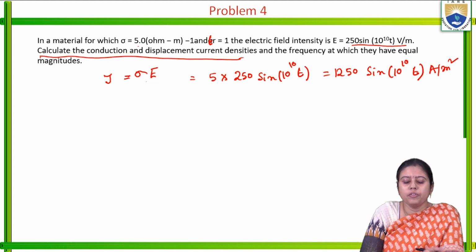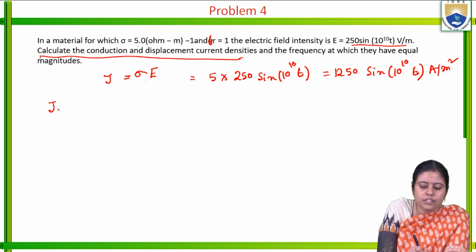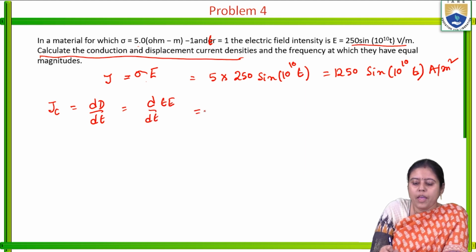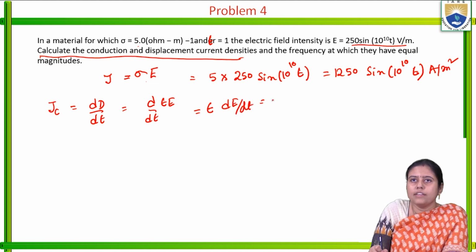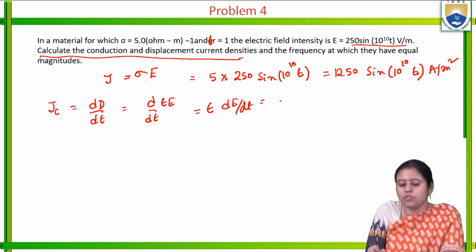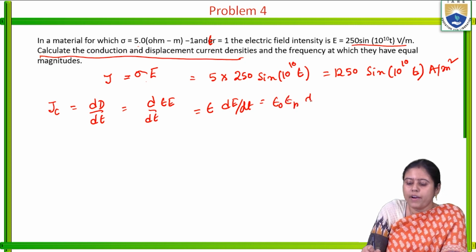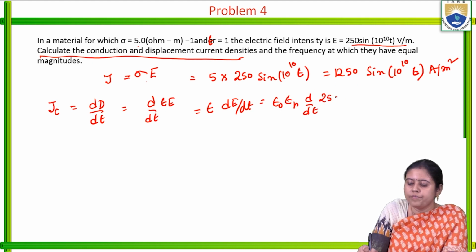Again, in the problem we have to calculate the displacement current density, dD by dt. What is D? D is equal to epsilon E, so dD by dt is epsilon dE by dt. Epsilon is constant. What is epsilon? Epsilon 0 into epsilon r. Here epsilon r is 1. E is equal to 250 sine 10 to the power 10 t.